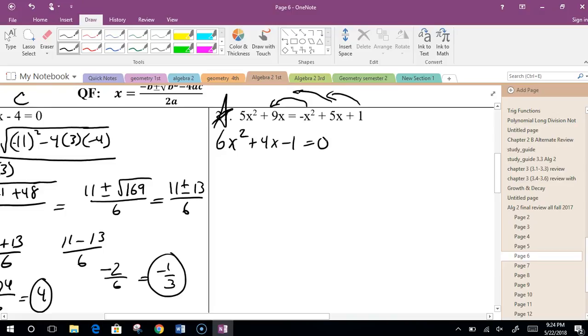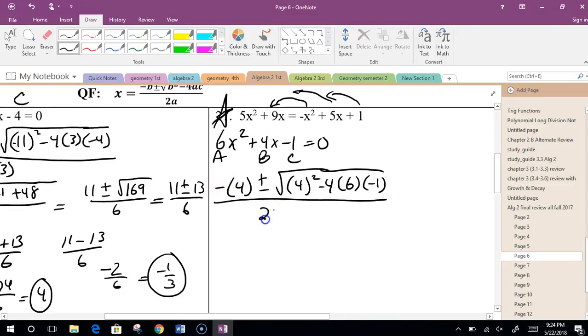So we're going to work with those numbers as our A, our B, and our C. So we would have negative, whoops, got my extra negatives in here, y'all. So we would have negative 4 plus or minus the square root of 4 squared minus 4 times A is 6 times C is negative 1.